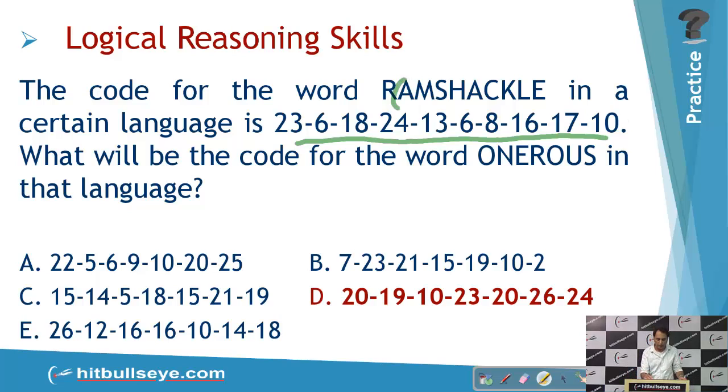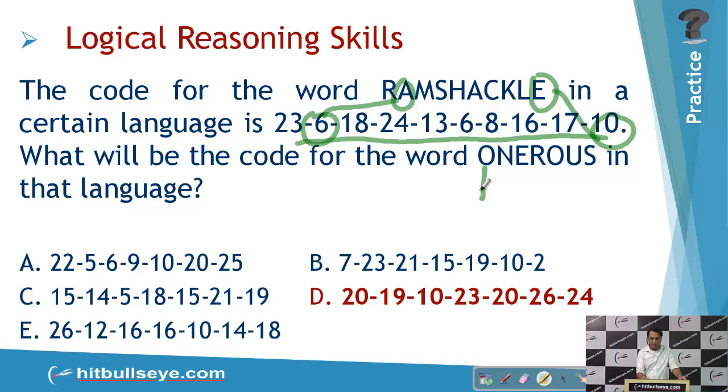For example, A has been coded as 6, which is 1, that is the position of this letter in the English alphabet, plus 5. If you look at E, it is 5 plus 5, that is 10. So the decode is, you just figure out the position of that letter in the English alphabet and add 5 to it. Now the question becomes far easier to manage.